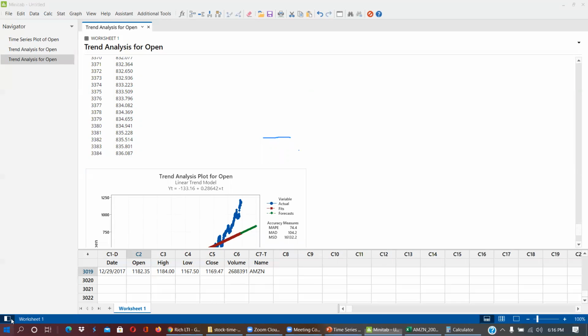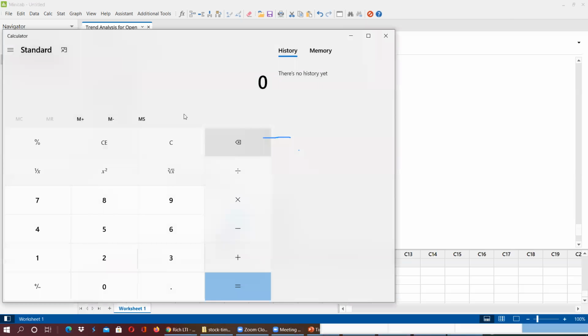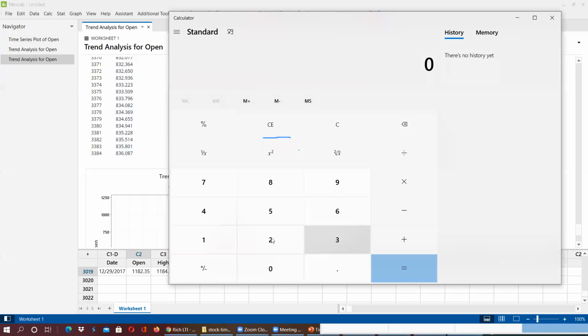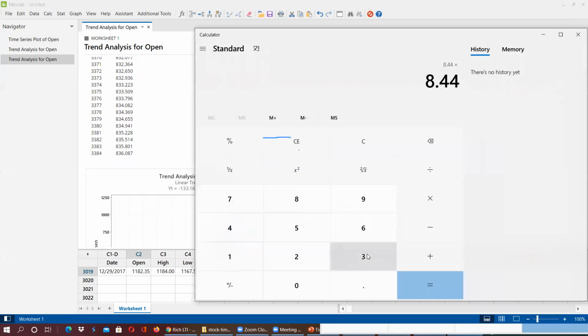Just a minute. 8.44, if I remember correctly, times 836. So I invested 10,000, and I'm going to get a loss of almost $3,000.